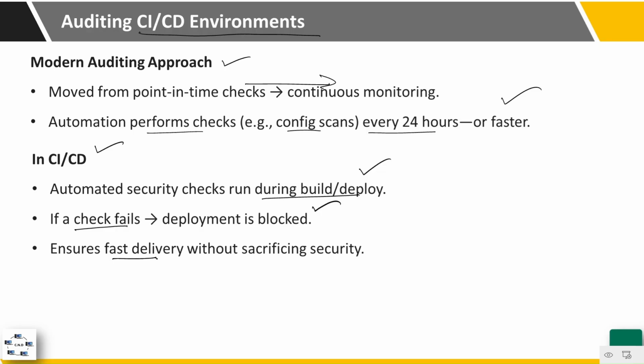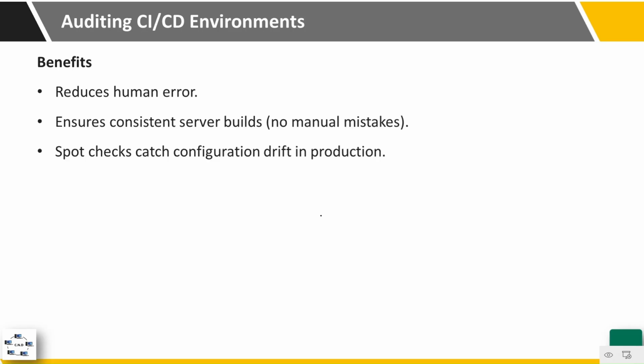This ensures fast delivery without compromising the security. The benefits of auditing the CI/CD environment include that it reduces human errors and ensures consistent builds, because manual checking results in mistakes and spot checks catch configuration drift in production.